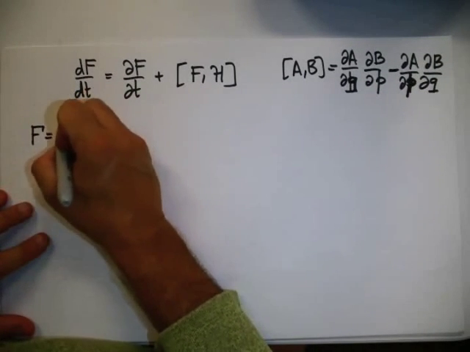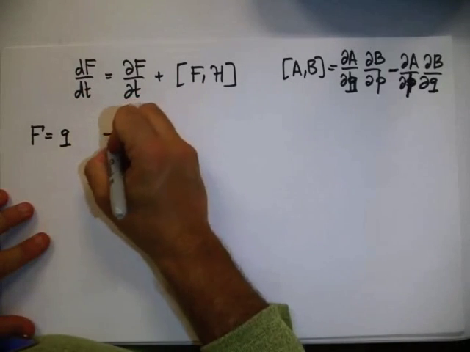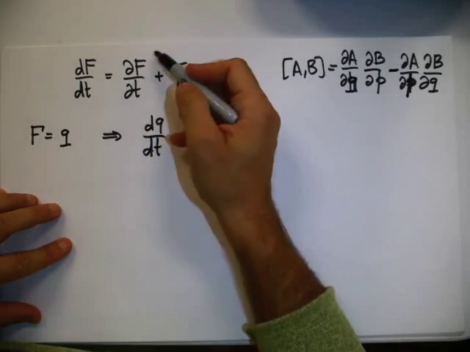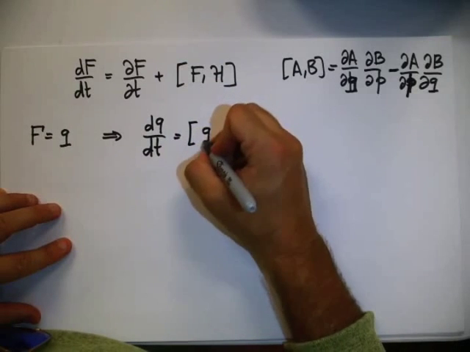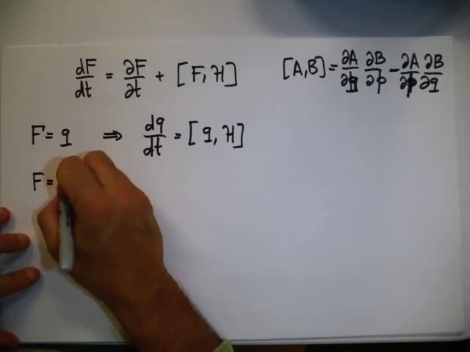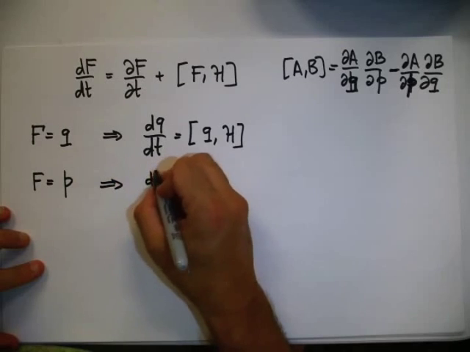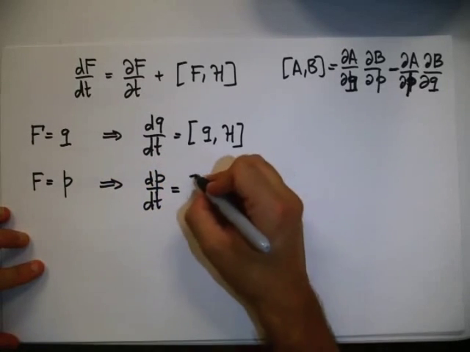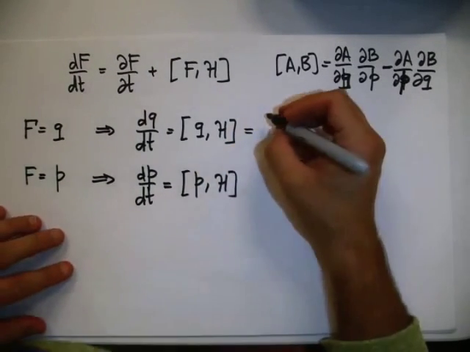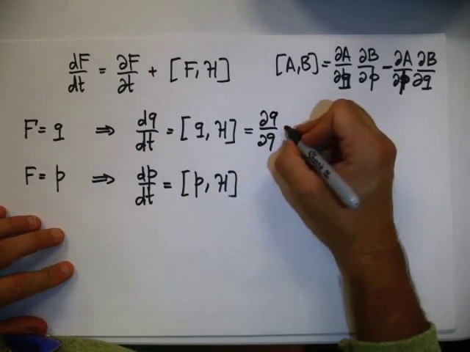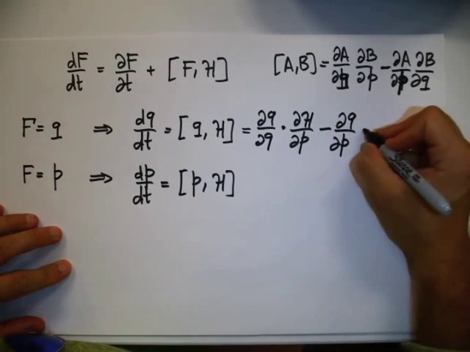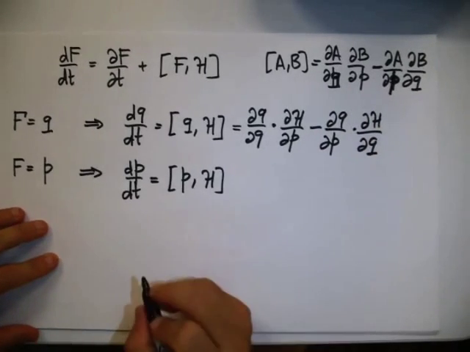So, if I take f equal Q, then I have that the partial in t is equal to 0, and I have the bracket Q comma H. Then if I take f equal P, I will have dP dt equal P comma H. This is equal to dP dQ times dH dP minus dP dP times dH dQ.